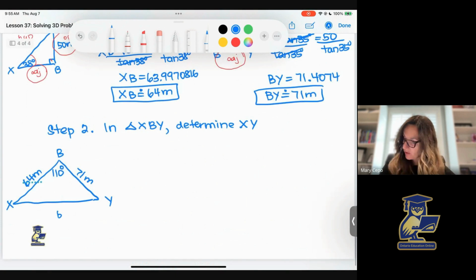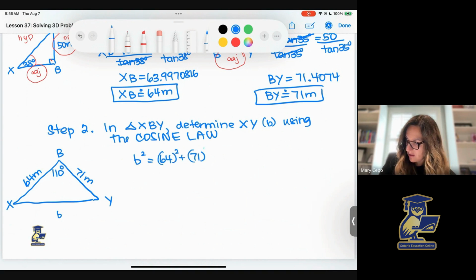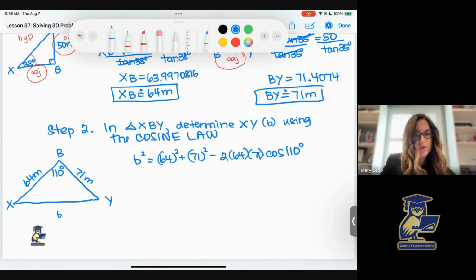Okay, so we're going to determine XY using the cosine law, again, because we were given the two sides of the contained angle. So we're going to say B squared is equal to 64 squared plus 71 squared minus 2 times 64 times 71 times the cosine of that angle 110 degrees.